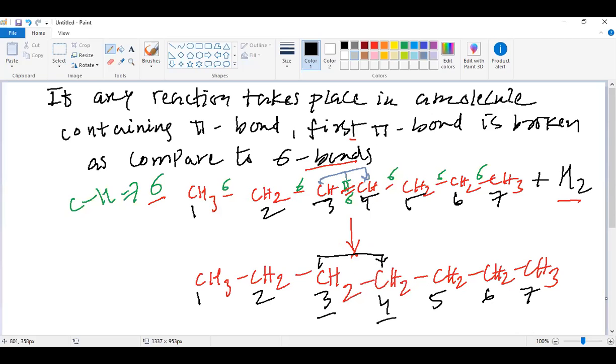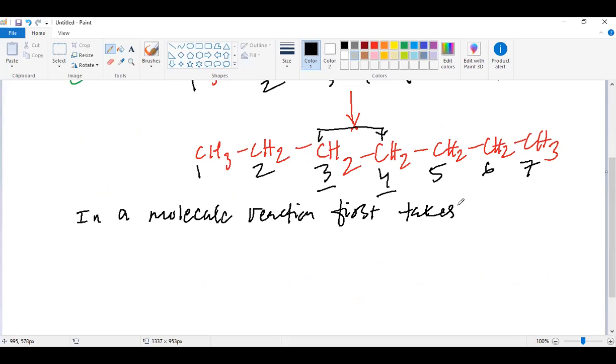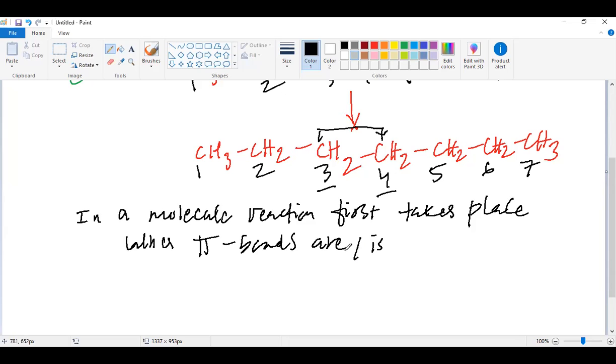So my dear students, what we can understand from this reaction is that in a molecule, reaction first takes place where pi bonds are or is present.